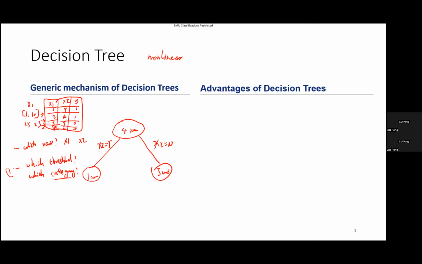So this comes first in terms of our assessment. This represents how useful it is to use the current variable, right? And then the second step is to compare across different variables and see which one we use here. So this is really a 2-level decisioning in terms of which variable and which specific threshold we use in the current splitting.